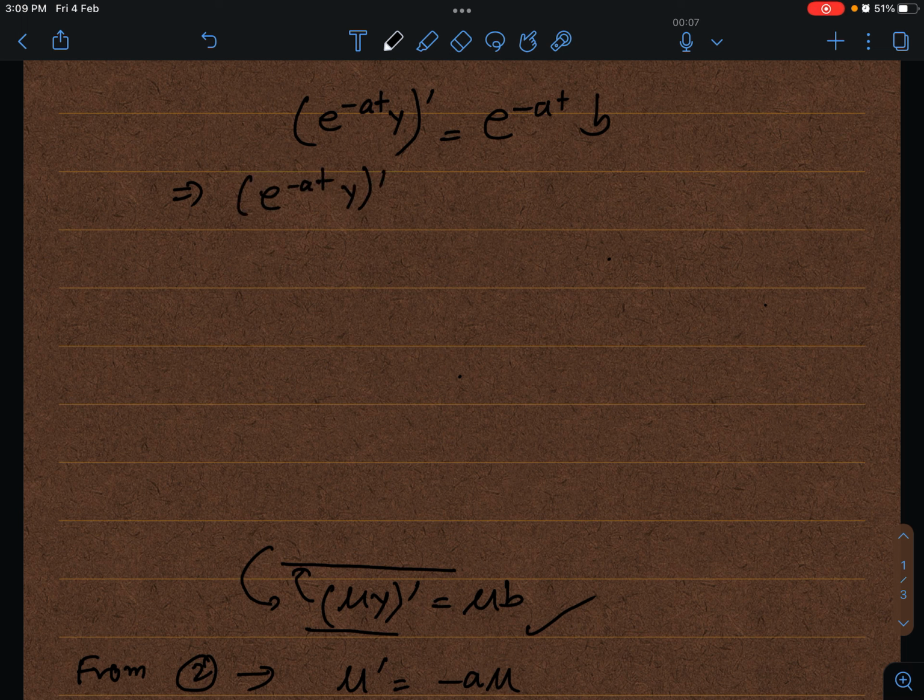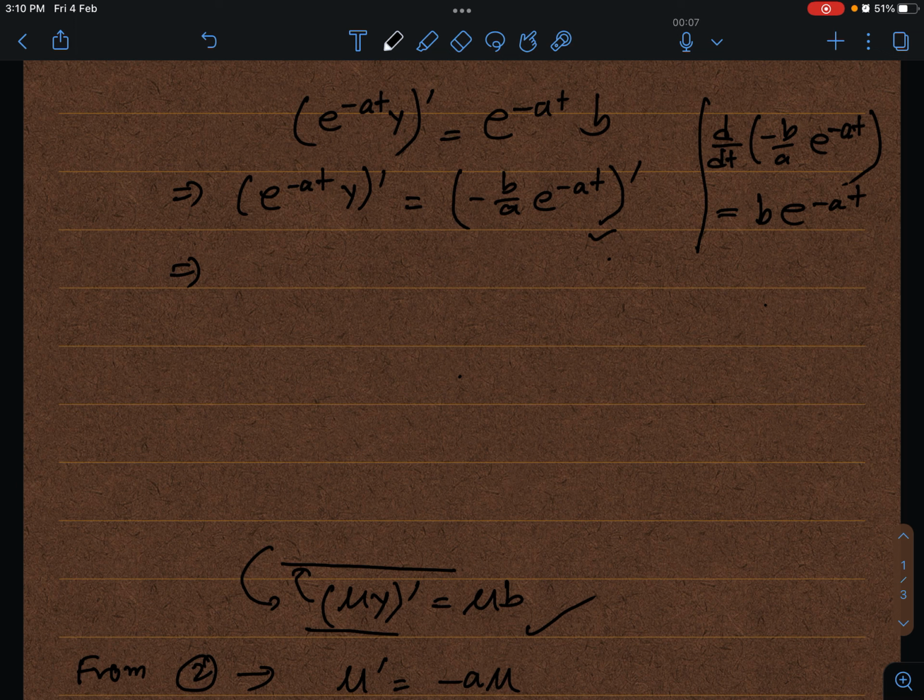But if you inspect whether this representation is true or not, you can see that the differential of minus b by a e to the power minus at is basically this one. So solve this and you will get b e to the power minus at, right. So now you can bring the right hand side into the left hand side.